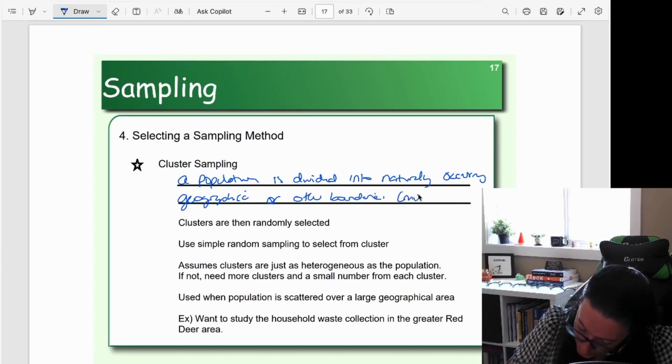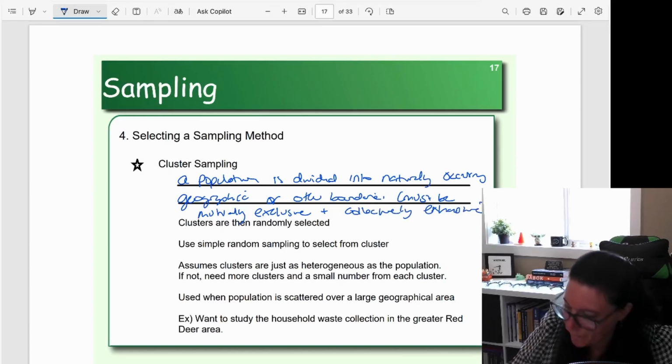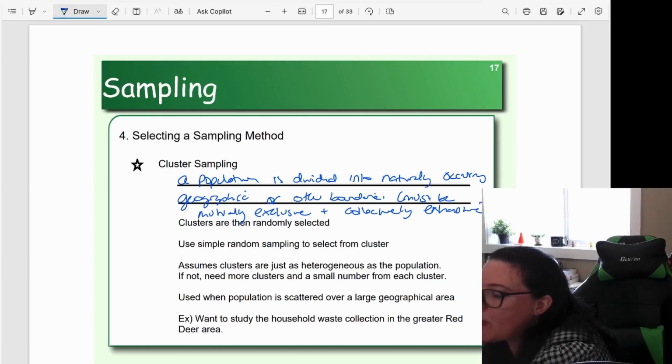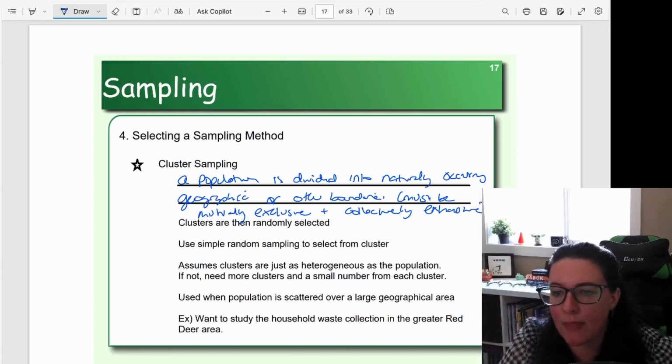These boundaries must be mutually exclusive and collectively exhaustive. So what we do is we randomly select clusters, and then we randomly select people in those clusters.